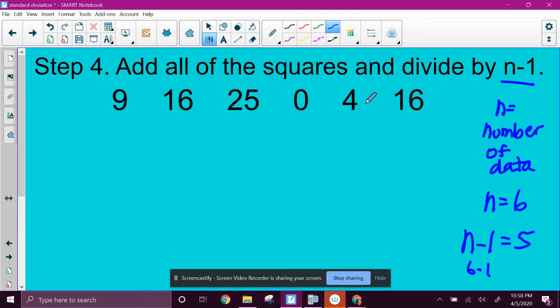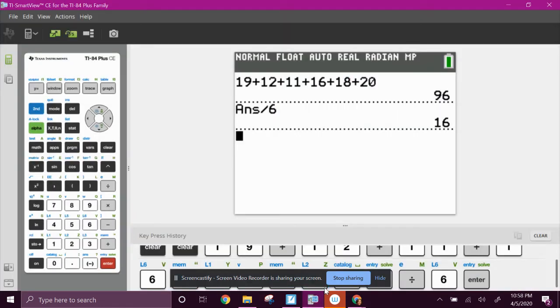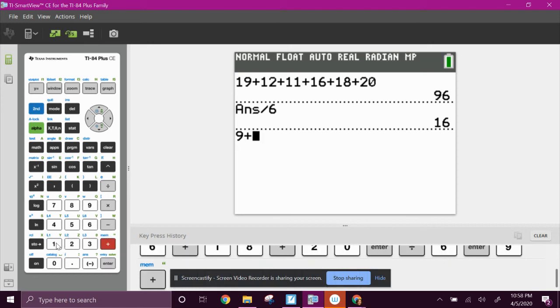Okay, so we're going to add all these up. So I'm going to go back to my calculator. This time I'm adding 9 plus 16 plus 25 plus 0 plus 4 plus 16.